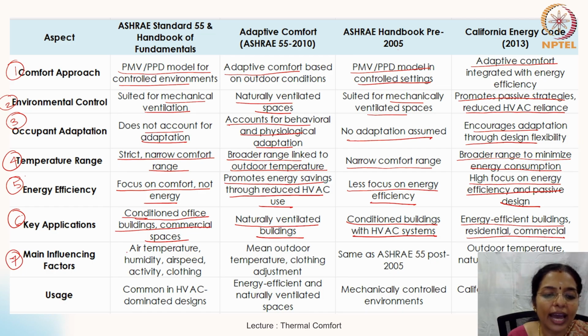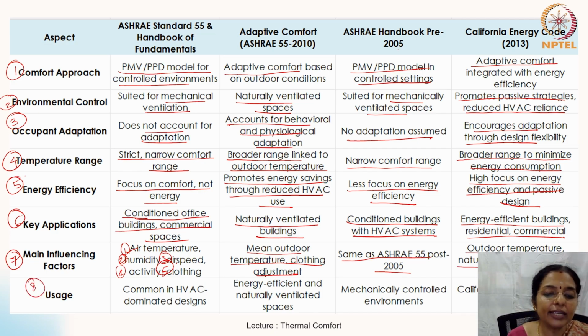Air temperature, humidity, air speed, activity and clothing levels are the influencing factors. This is same as ASHRAE Handbook pre-2005, whereas the adaptive comfort model looks at mean outdoor temperature with clothing adjustment. The California Energy Code follows outdoor temperature with naturally ventilated buildings.